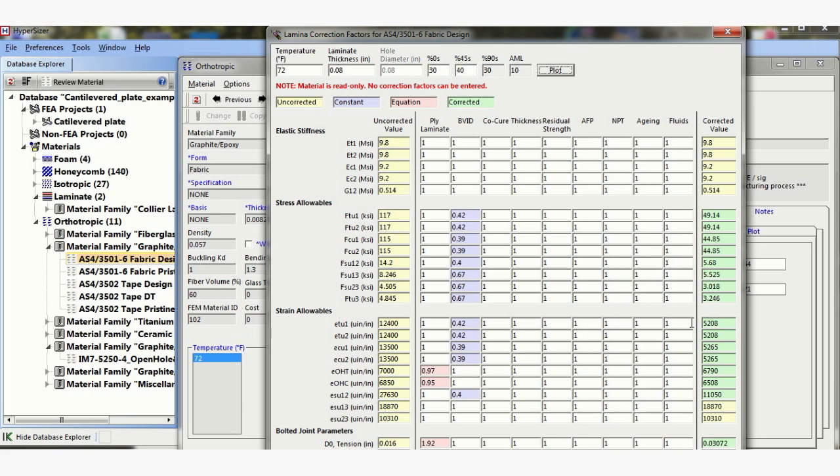This is just something that Collier's put in, but I don't think these are correct. For instance, the ETU at 5,000 looks pretty good, but the ECU, we're usually kind of down in the 3,500 microstrain, 4,000. Of course, it depends what type of material they use, but we get low allowables.